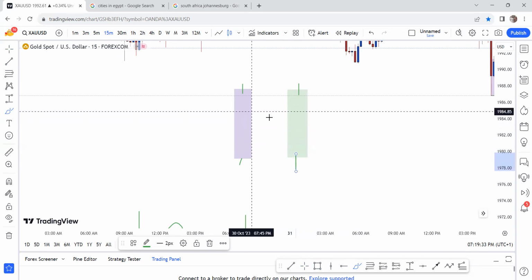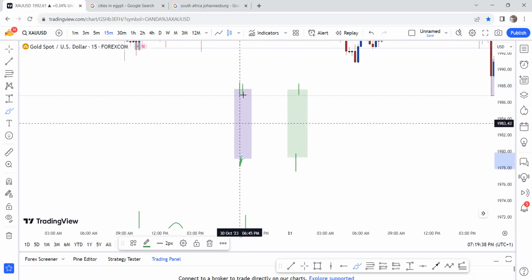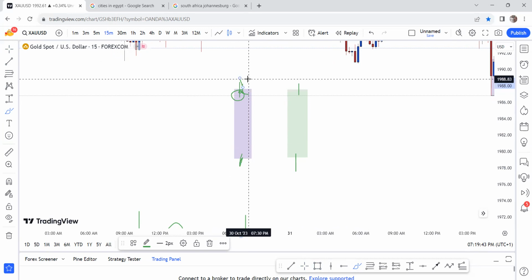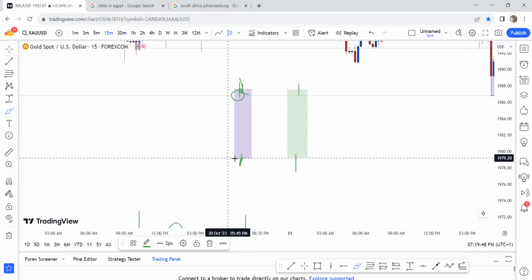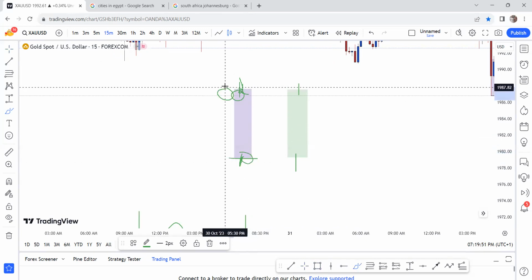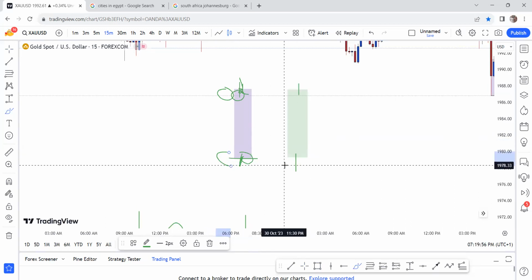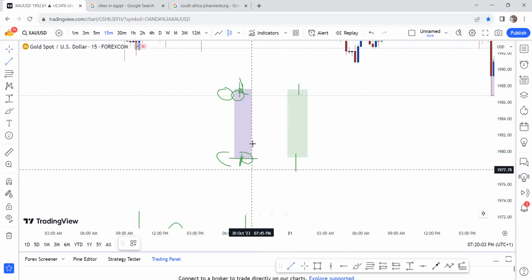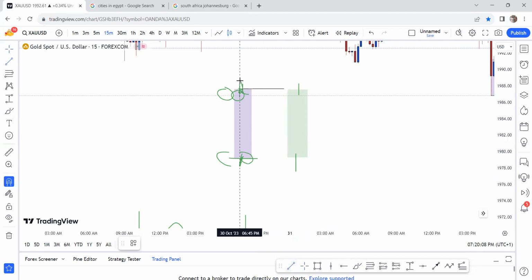This red candlestick here: price opened here, went up a bit, showing a green candle, and then came back down to close here. That means this is the open and this is the closure. For SNR levels, we'll take the open as our support.